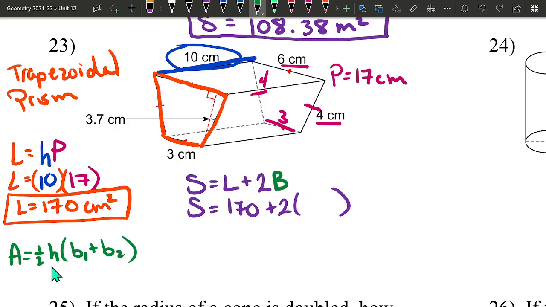And now when I'm talking about the height and the bases, I'm zooming my focus to just looking at the trapezoid. So the height of the trapezoid is perpendicular to the bases. So there it is right here. It makes a right angle with the bases. That is the height of the trapezoid, 3.7.